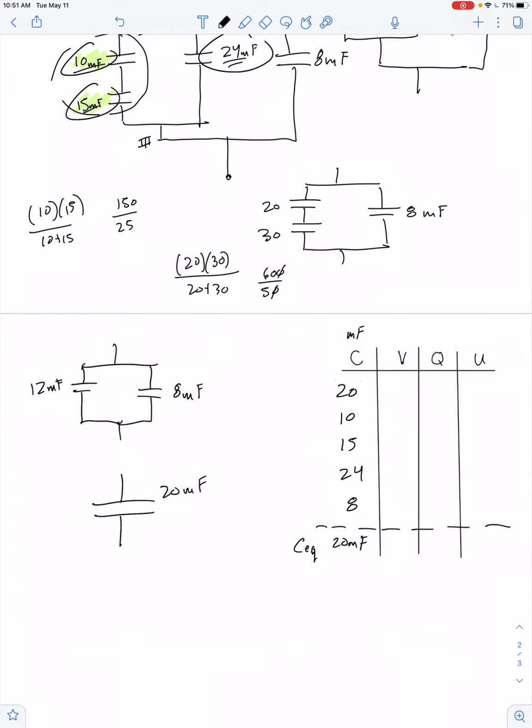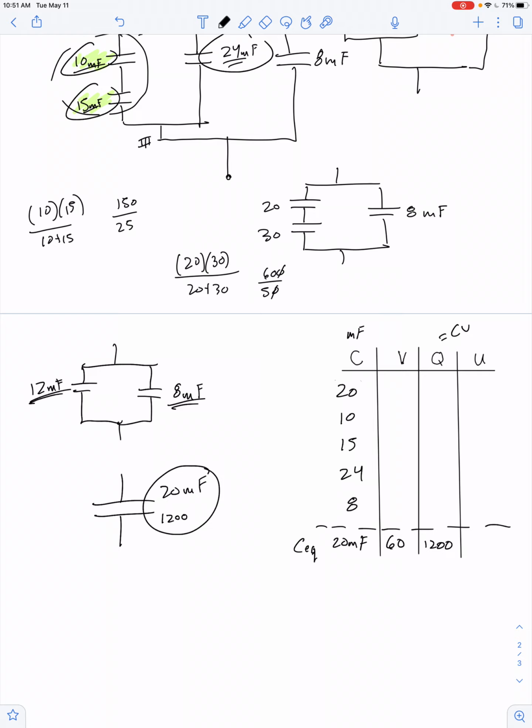So the voltage across the whole equivalent combination is 60 volts. We find charge by multiplying capacitance and voltage together. This gives us 1,200 coulombs. So there's 1,200 coulombs in total. All right, now that gets divided up. Some of that is on the 8 millifarads, and the other is on the 12 millifarads.